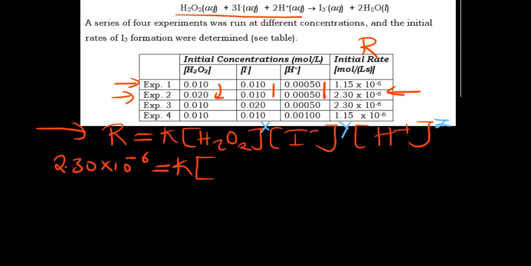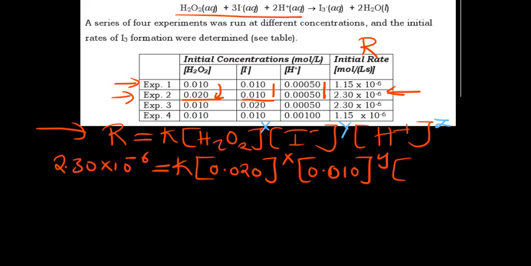The H2O2 is 0.02 raised to the power x. The iodide is 0.01, so that is y, and then H plus is 0.0050 to the power z.